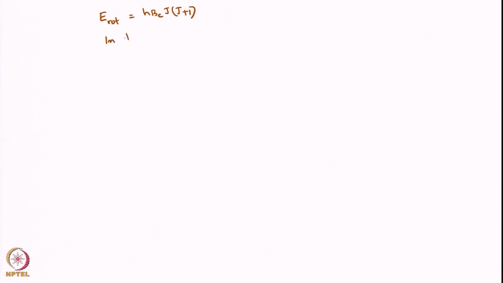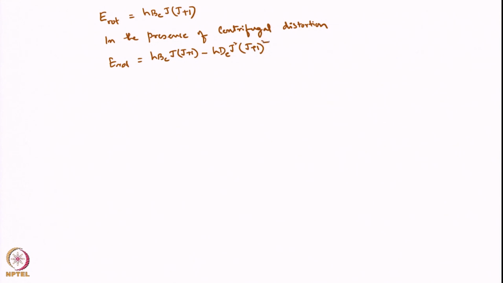In the presence of centrifugal distortion, your E rotation will now be given by h B_e J(J+1) minus h D_e J squared into (J+1) squared.